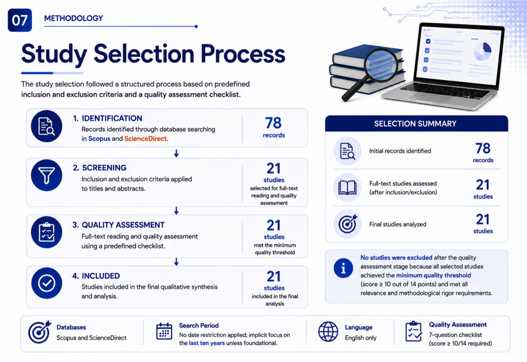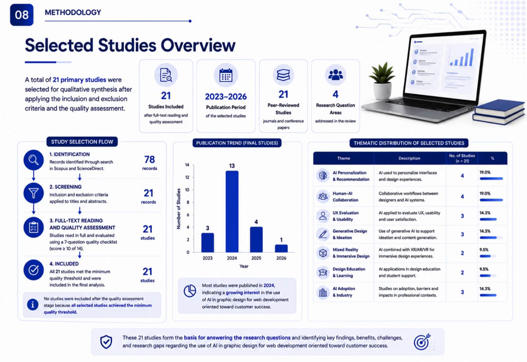Only studies scoring at least 10 out of 14 points were included. As a result, all 21 selected studies met both the methodological quality requirements and the objectives of our review. The final dataset consisted of 21 primary studies published between 2023 and 2026.